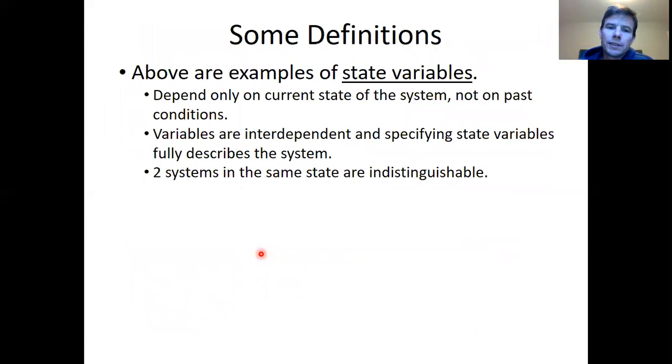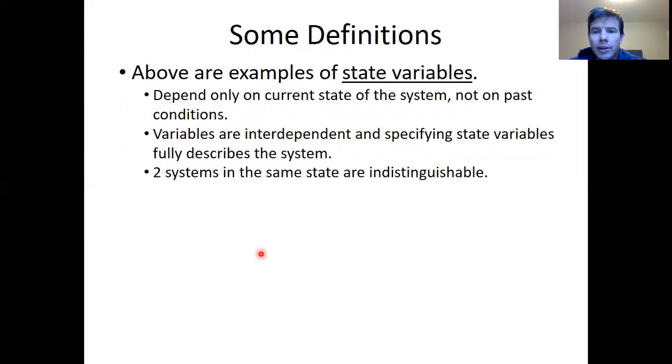Some more definitions. So all of these variables from above are what are called state variables. State variables only depend on the current system, not on its past history. Right? So if I tell you the temperature of the system, its temperature is whatever it is. I don't need to know what it was a week ago.